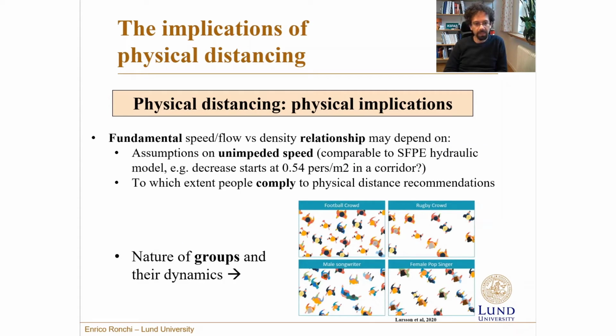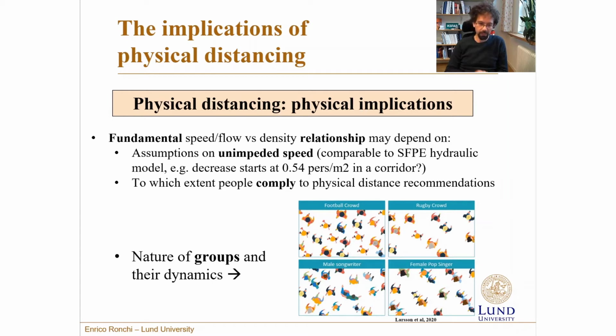And from the perspective of the fundamental relationships that we have in evacuation models, this can also be impacted. If you think about the classic speed-density or flow-density relationship, those might change because there is more space between people. So a set of issues that were not really the object of much data collection now becomes all of a sudden important.